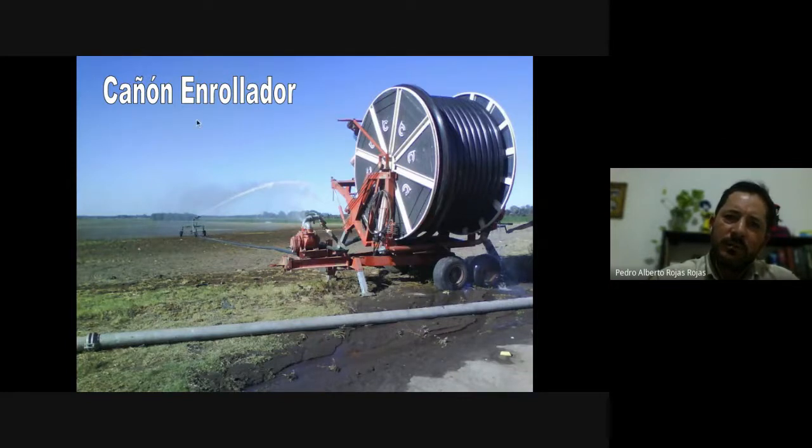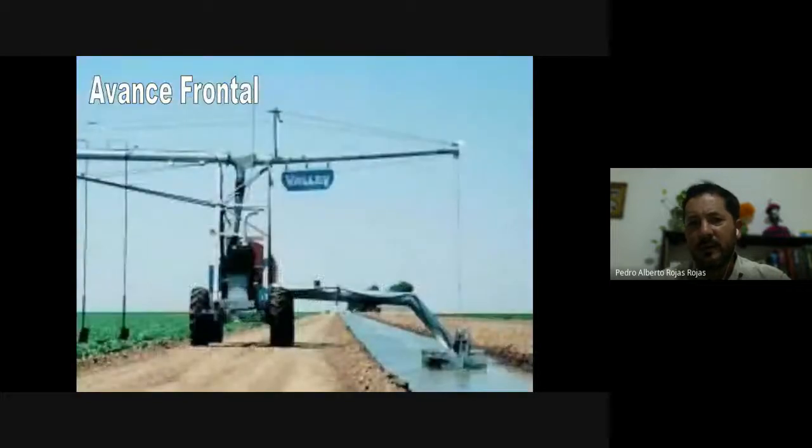This roller barrel is one of the equipment with a better efficiency. This is one of the most efficient.